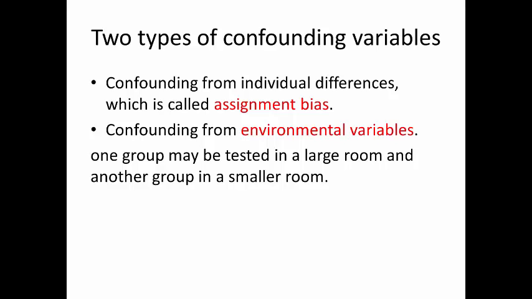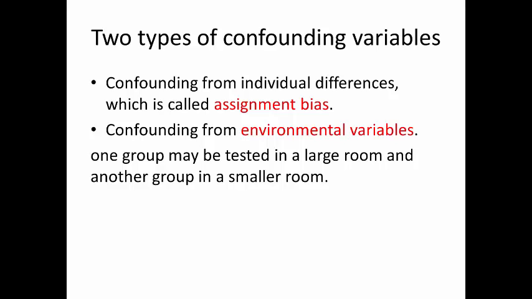The environmental variables are the factors that are going to change the result of our research after the initial assignment, which means even if you do a good job in random assignment and your groups are initially equal to start with, there is a possibility that the environmental condition for one group is different from the environmental condition for the other one.